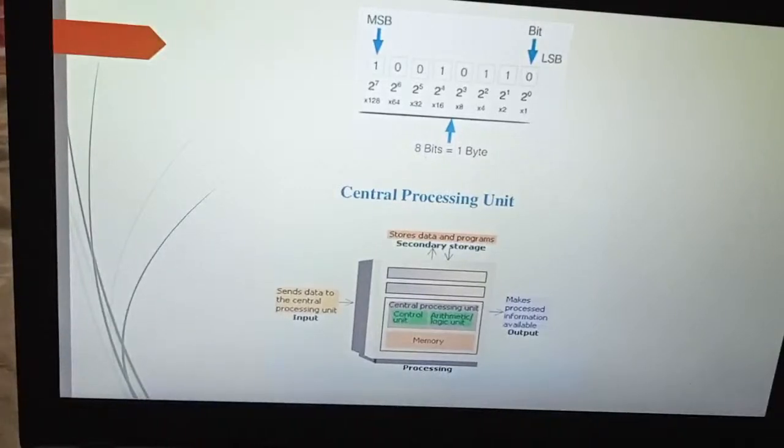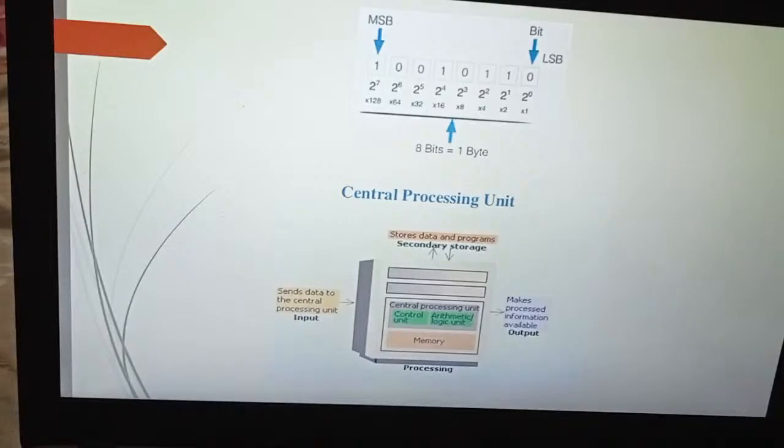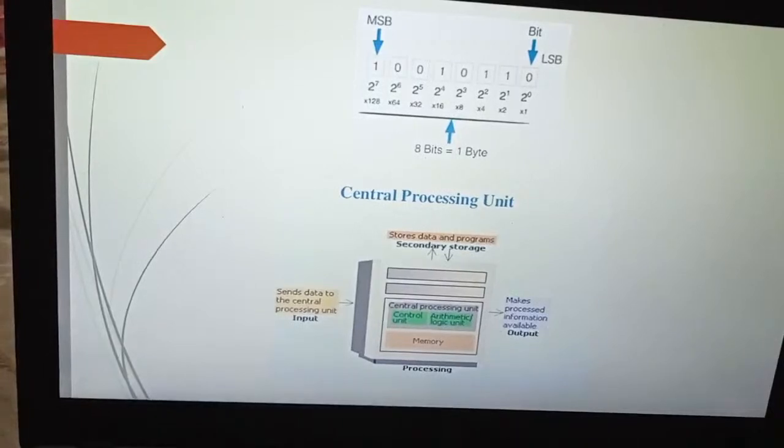So this is the most significant bit, and the offset is represented as 2 power 0, 2 power 1, 2 power 2, 2 power 3, and so on up to 2 power 7. That represents 2 power 0 is 1, as well as 2 power 7. What about 8 bits? 1 byte. It is said to be 1 byte.